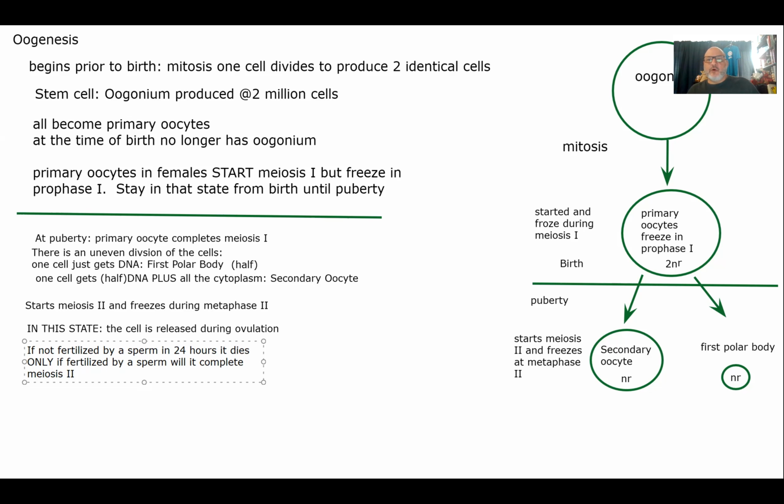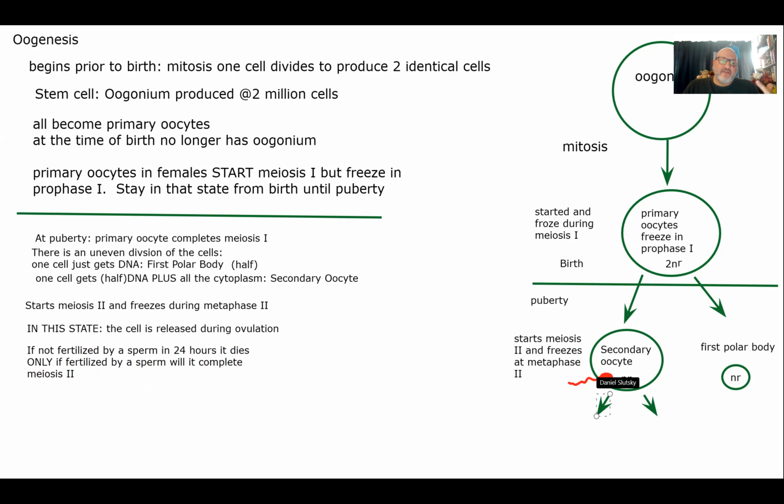So if and only if it is fertilized by a sperm, then it completes its meiosis, where of course it will divide into 2 cells.